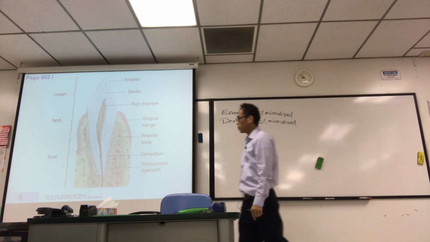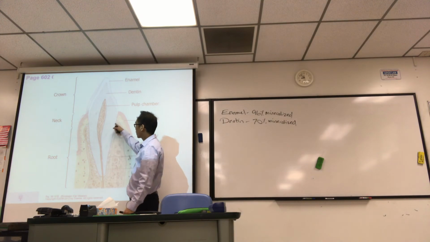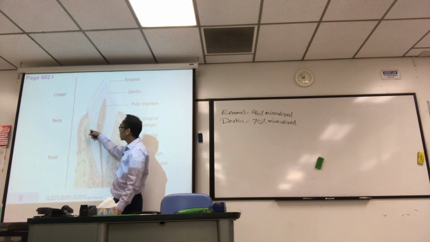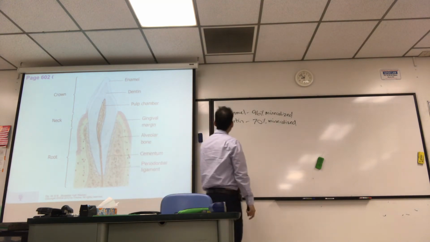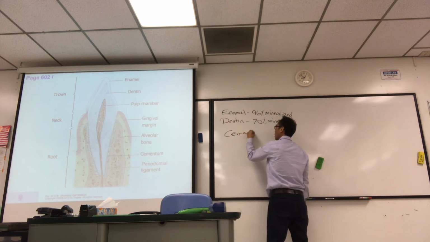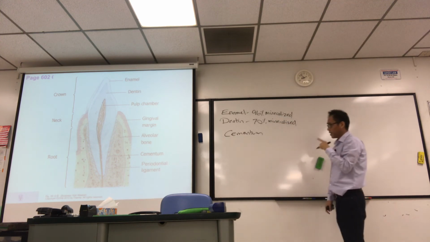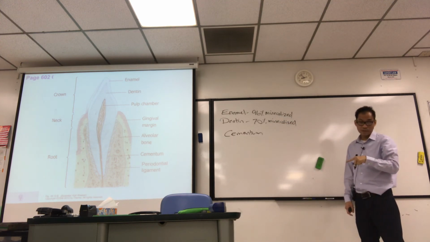Only in the root, there's this layer called cementum. Cementum is about 50% mineralized. It's similar to bone.